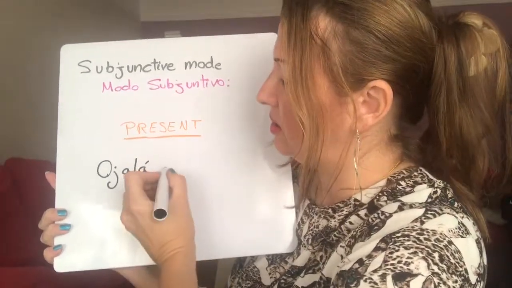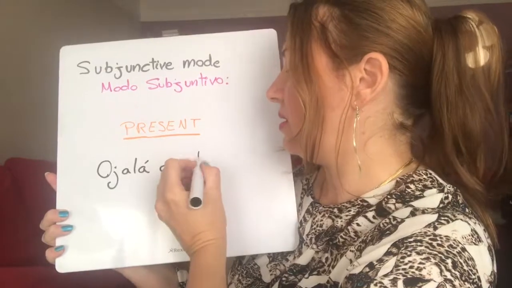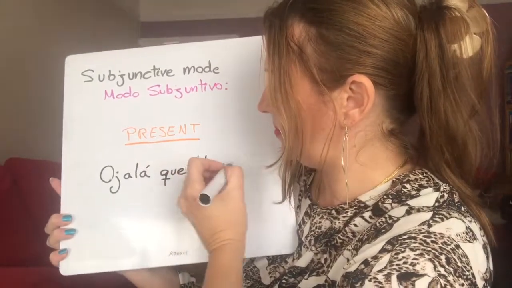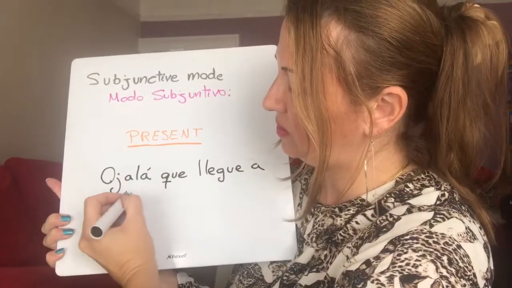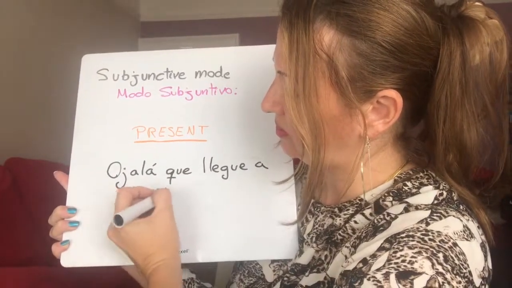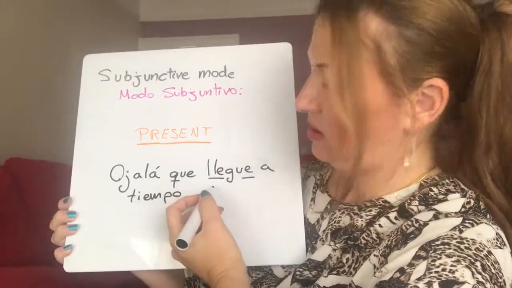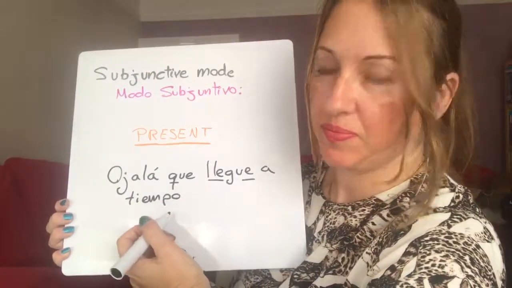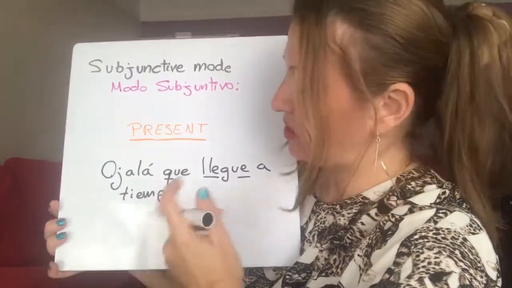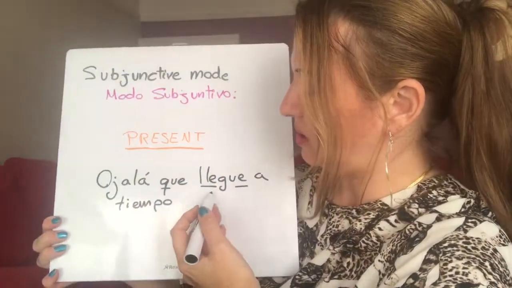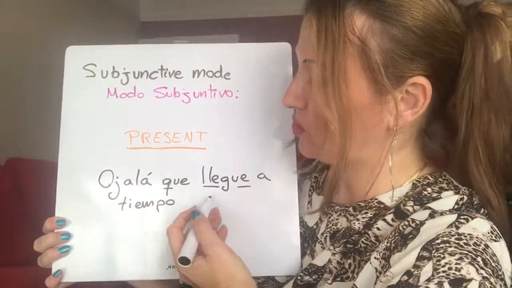"Ojalá que llegue a tiempo." I hope that the person arrives on time. Okay, so it's a wish. That's why we're using the present in the subjunctive mode. Okay, because we're wishing that.